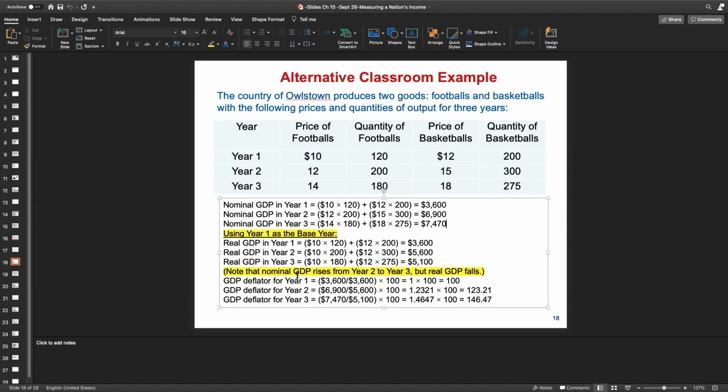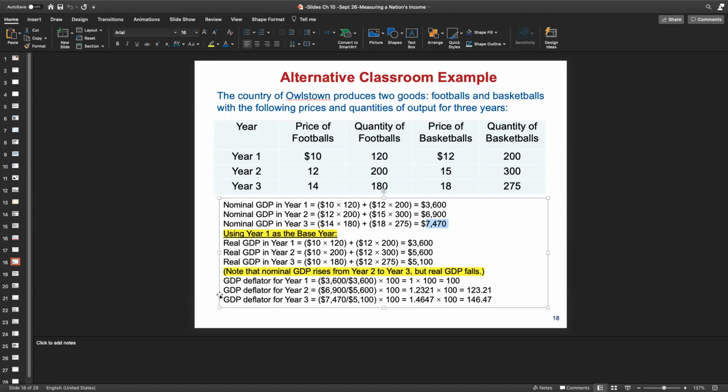But when we cleaned up the price and inflation, using year 1 as the base year, we had an increase from year 1 to year 2 of the real GDP from 3,600 to 5,600, and then a decrease to 5,100. So basically the changing price level in year 3 was the reason we had an increase in nominal GDP, not changing real quantity.